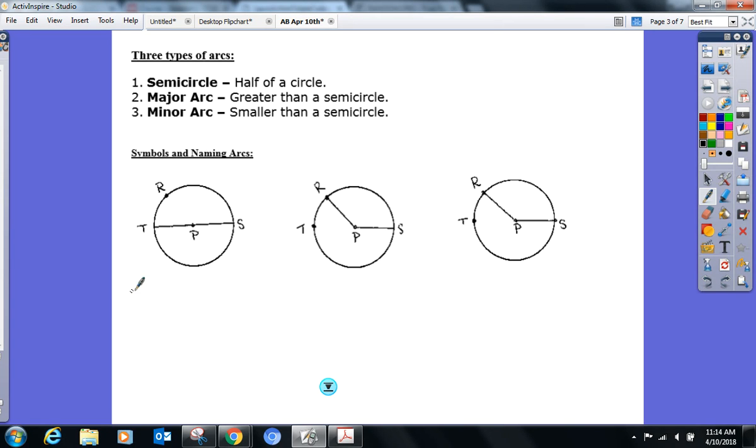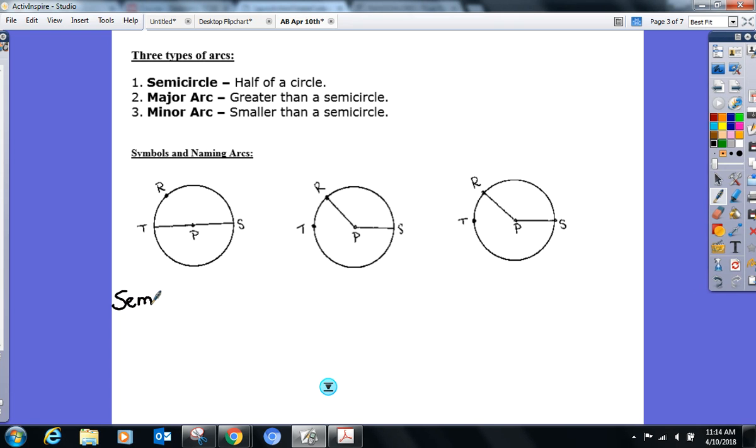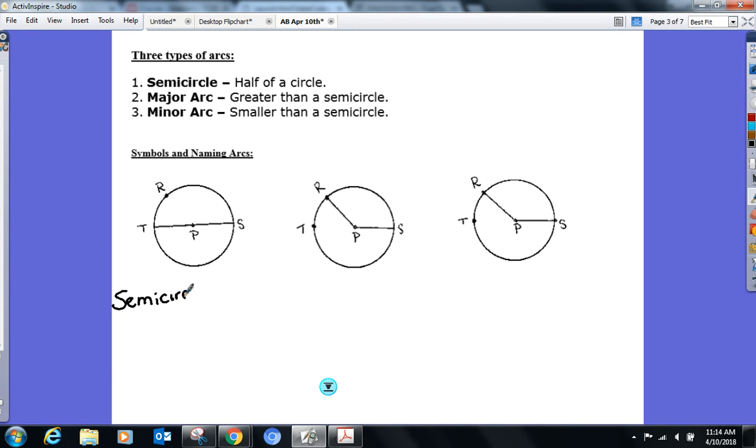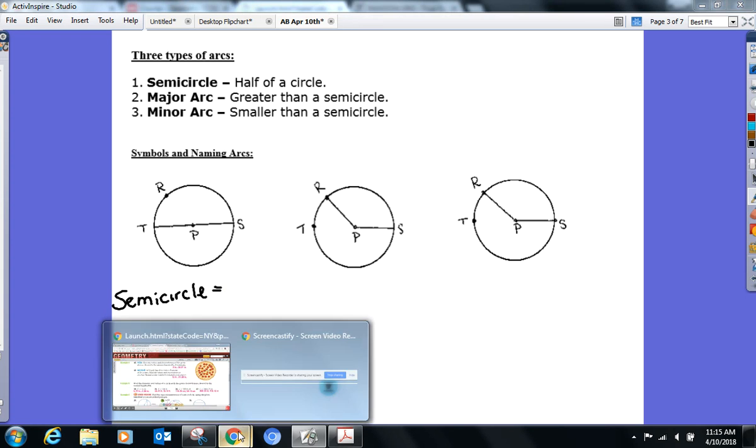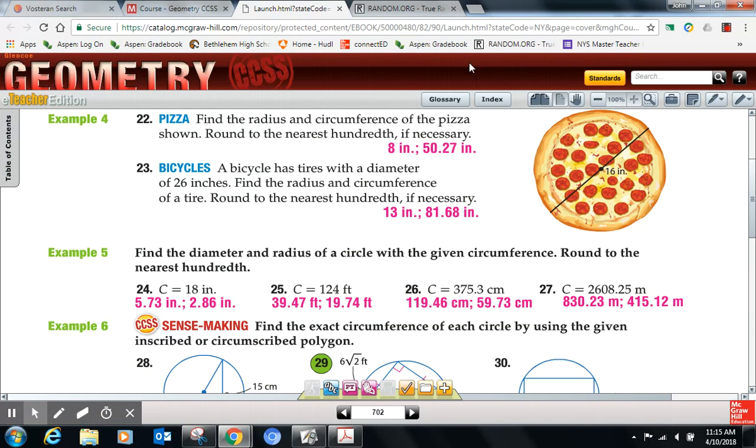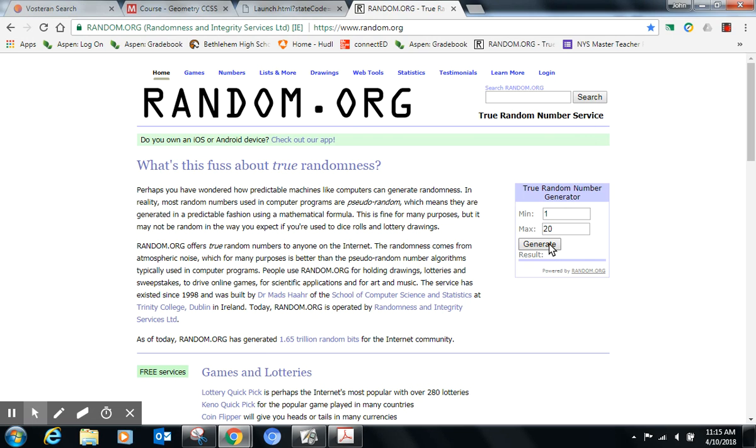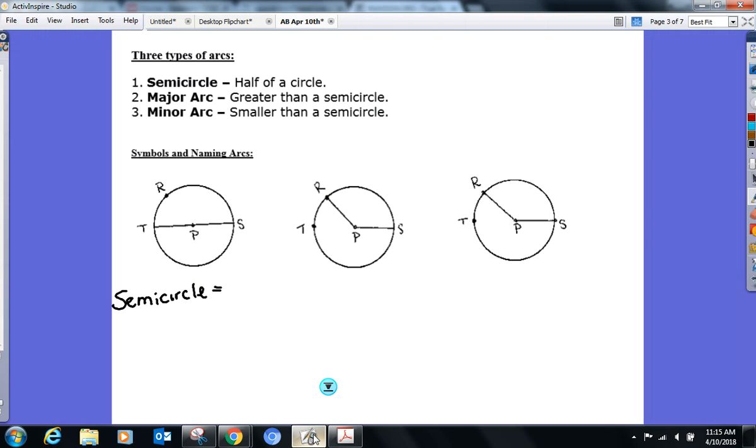While we're going through here, name a semicircle in this first circle here. Name the arc that represents a semicircle, and you could go two different places here. Name an arc that represents a semicircle. Anybody want to take this one so we can start the chain?